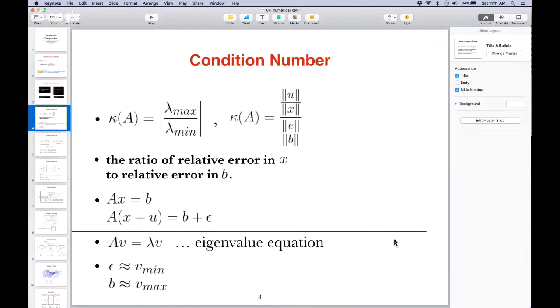Eigenvalue is a very important concept for linear transformations, for linear equations.